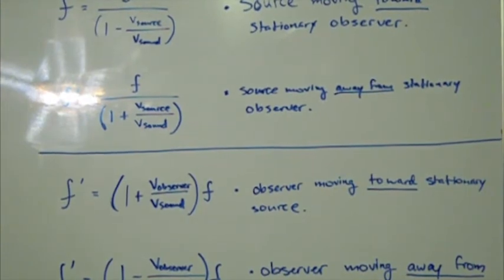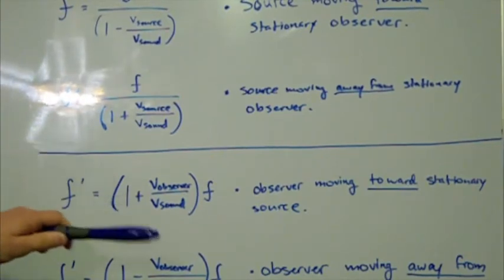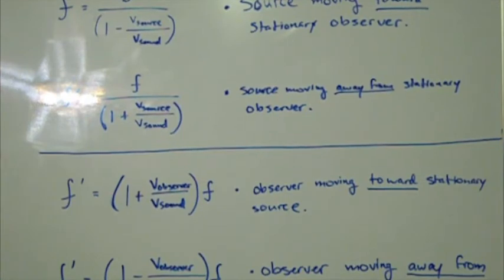Before we start this problem, we wanted to introduce 4 different scenarios involved in the Doppler effect. We can break these down into 2 categories. The first 2 are when the source is moving either toward or away from a stationary observer, and the bottom 2 have the observer moving either toward or away from a stationary source.